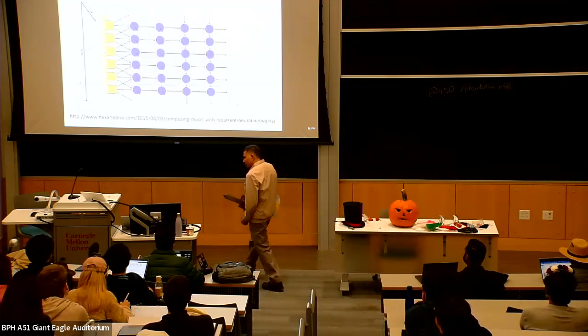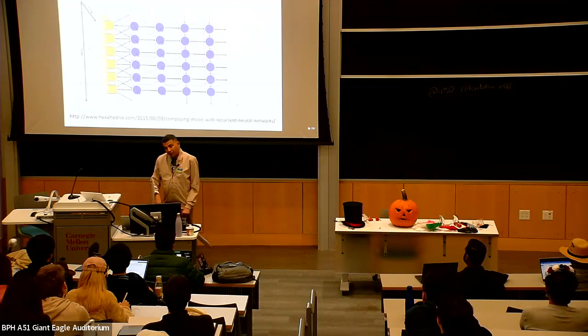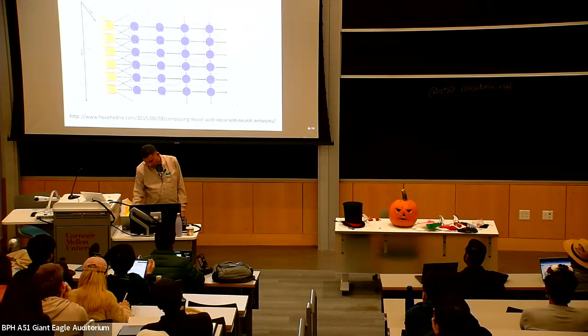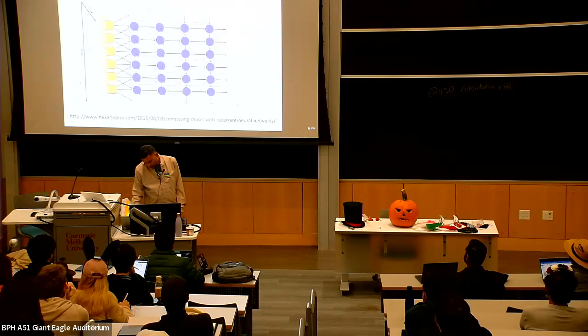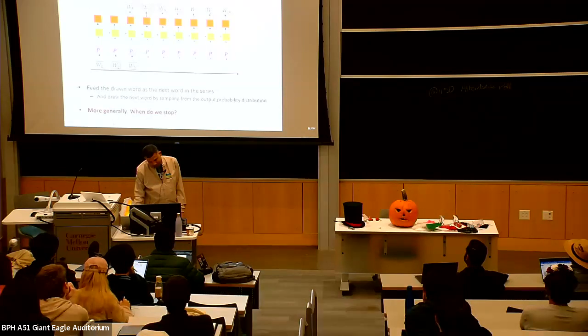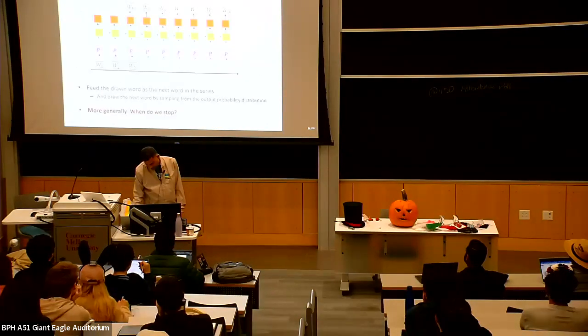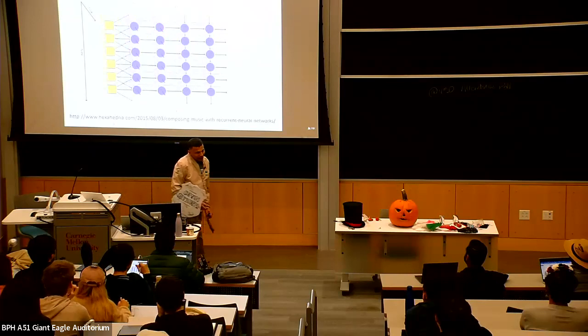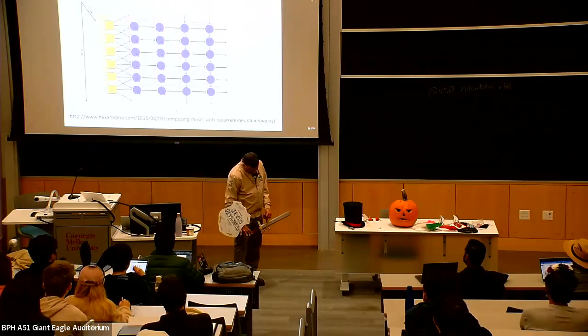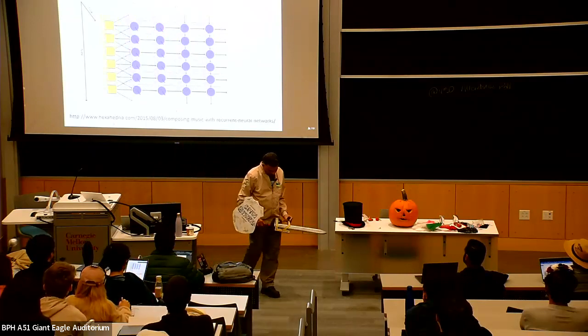Here was a nice example. You see a lot of work with generating music with language models. This just uses a simple LSTM. I could play it for a few minutes, but this was a trivial LSTM.